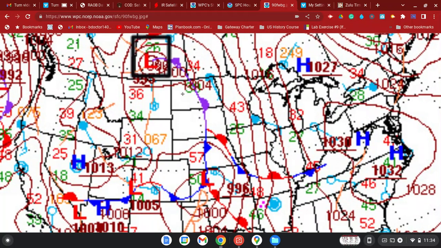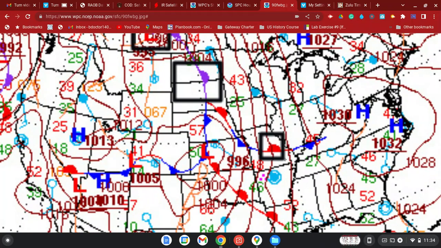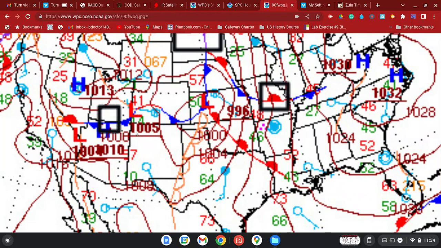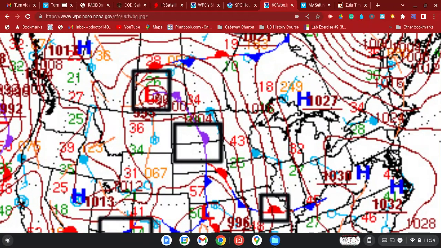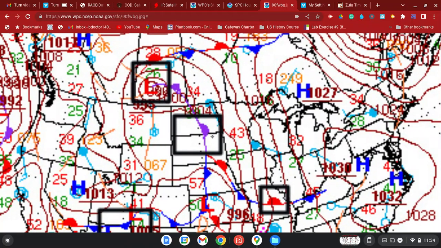All right, the lines. You see the line here with purple, a line here that's red, and a line here that's blue. What do all those mean? The purple lines and symbols mean this is an occluded air mass.